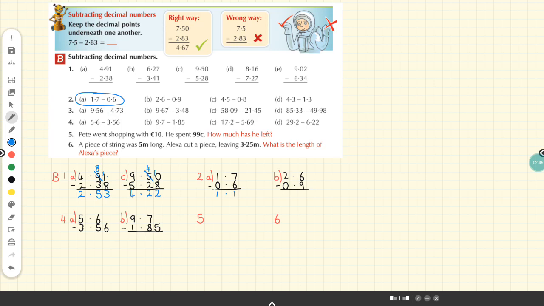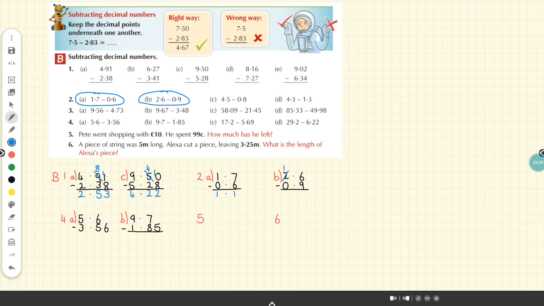And then B is similar, written as a horizontal algorithm in the book. We're going to do it vertically. So same thing, we start on the right hand side with the top digit. And we go 6 take away 9, we cannot do. So we need to go to the units. We rename one of the units. We have 1 unit left.